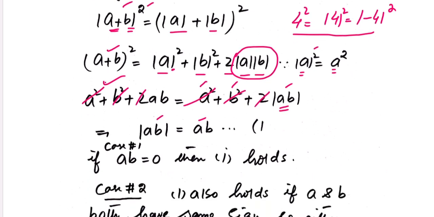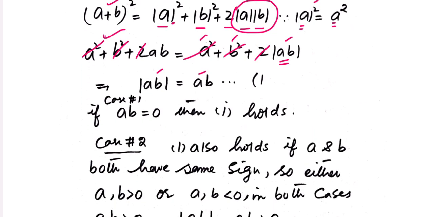Now you have to see for what values of a and b equation 1 holds. Case number 1: if ab is equal to 0, then clearly 1 holds. When you put ab equal to 0, this becomes the absolute value of 0, which is equal to 0. Both are equal. Case number 2: 1 also holds if a and b both have the same sign.